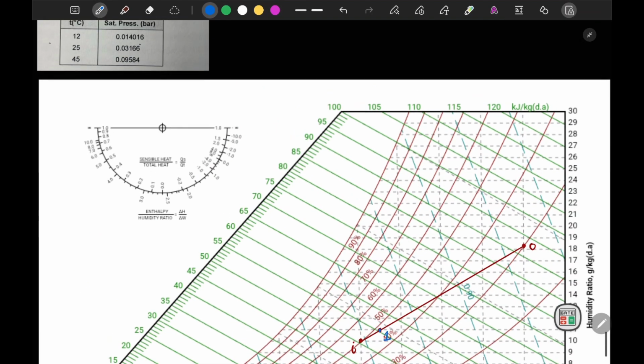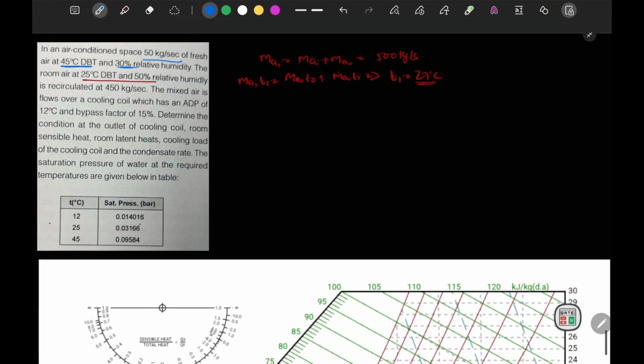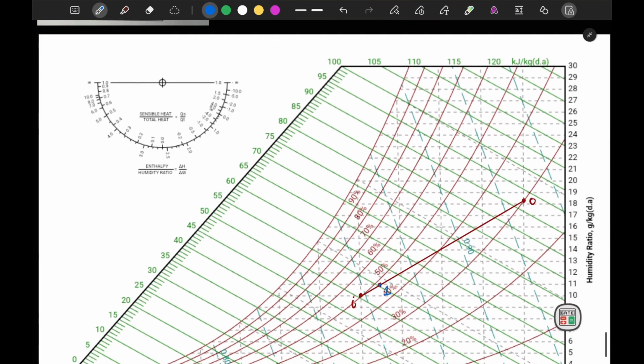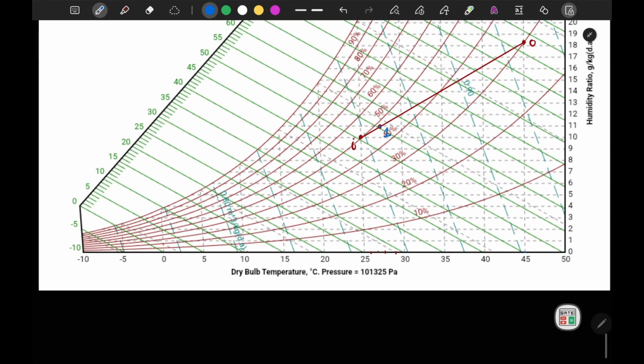Now the ADP condition is mentioned at 12 degrees Celsius. This is 10 degrees Celsius, and we want to write 12 degrees Celsius. There is one more thing we can do, as I have shown you previously for marking point 1.